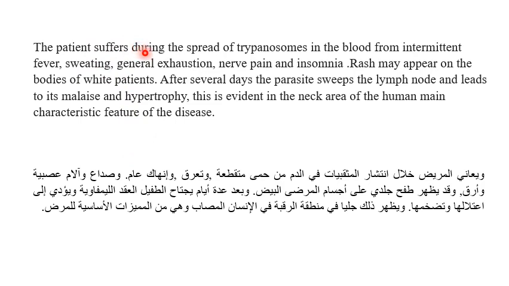The patient suffers during the spread of trypanosomes in blood from intermittent fever, sweating, general exhaustion, nerve pain, and insomnia. A rash may appear on the bodies of white patients. After several days, the parasite invades the lymph nodes and leads to their enlargement and hypertrophy.